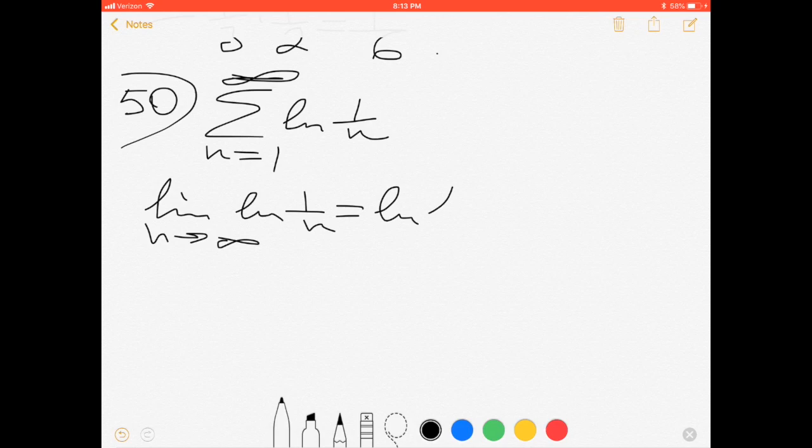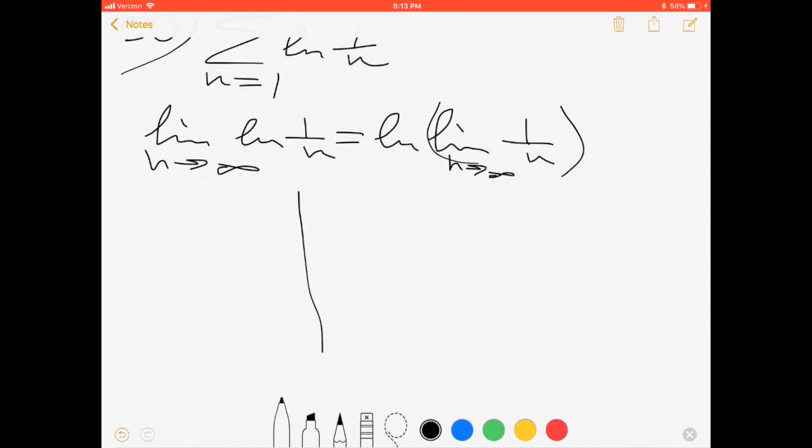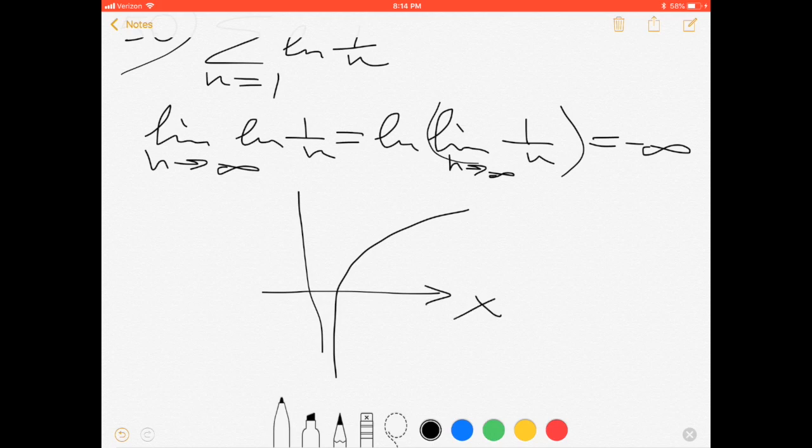What does natural log mean? The limit of 1 over n, where n approaches infinity. Now what is this limit? 0. Now what is natural log of 0? If you look at the graph, it approaches negative infinity. This means here we have negative infinity.